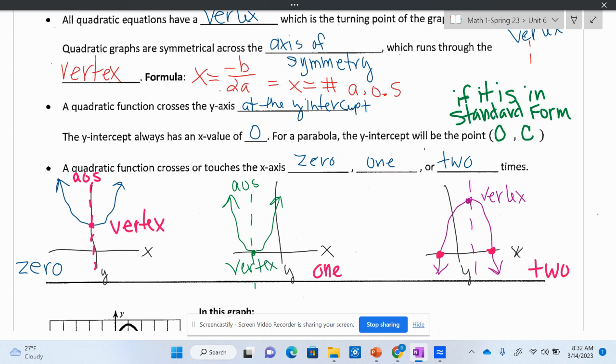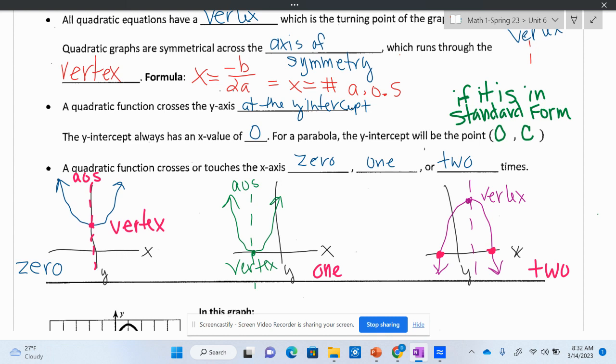Now I made that graph go the opposite direction that all the other ones did, and I just did that to tell you one more thing about a graph. If you look at the first 2 sketches I drew, is the vertex the very highest point on the graph or is it the very lowest?